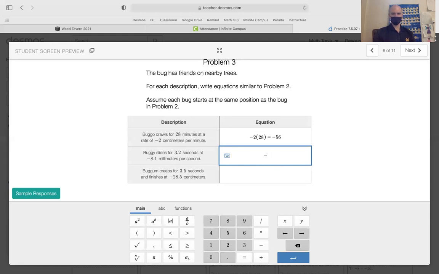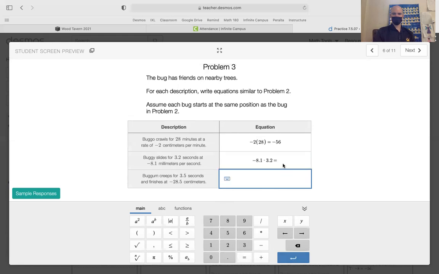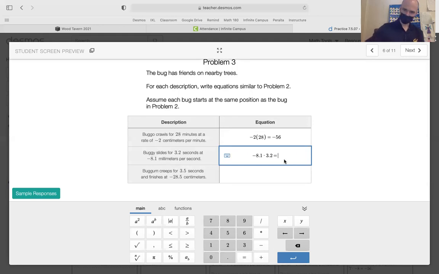Let me try retyping it in here, see if it gives me the answer: -8.1 times 3.2 equals. No, it's not going to give it to me. All right, well, I'll just use an actual calculator. Looks like it's negative, -25.92.